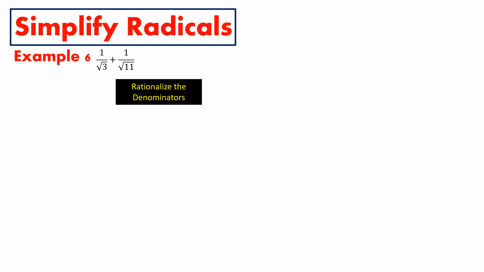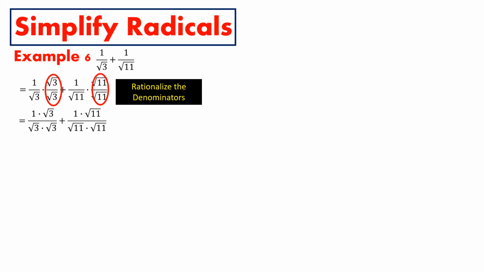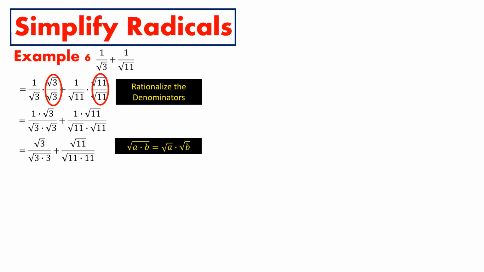We rationalize the denominators. We apply this property to be able to rewrite this expression. We find the LCD.